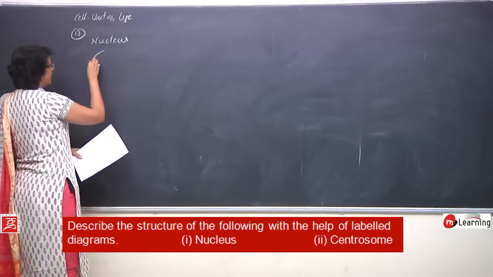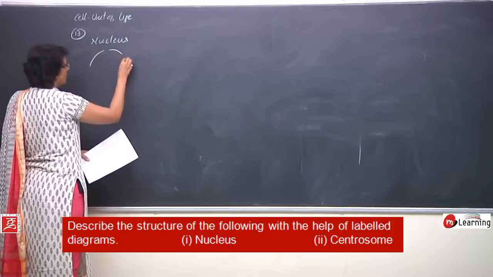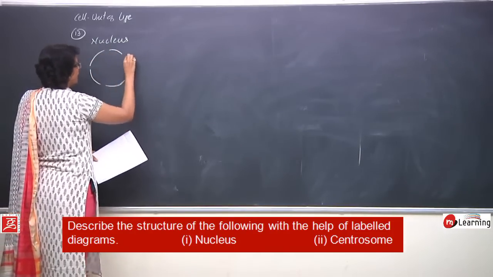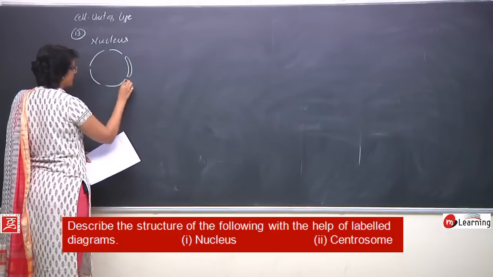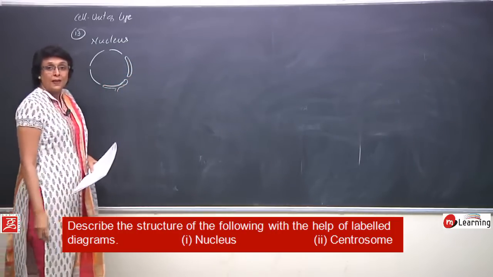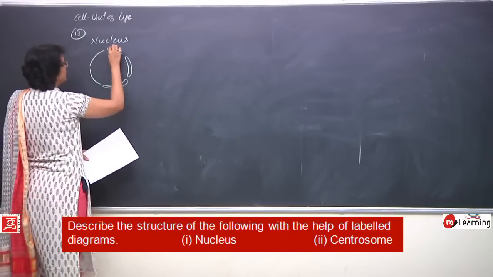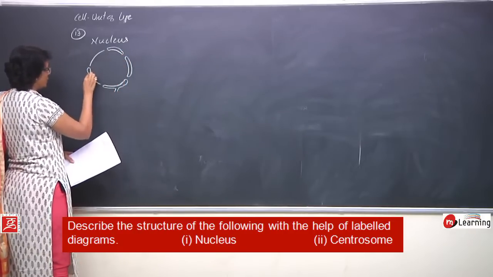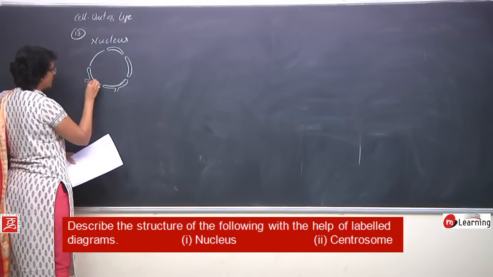Nucleus is a double membrane structure, normally spherical, but there are other shapes also which exist. The outer nuclear membrane continues with endoplasmic reticulum. So, at some places we can also draw this extension into endoplasmic reticulum.